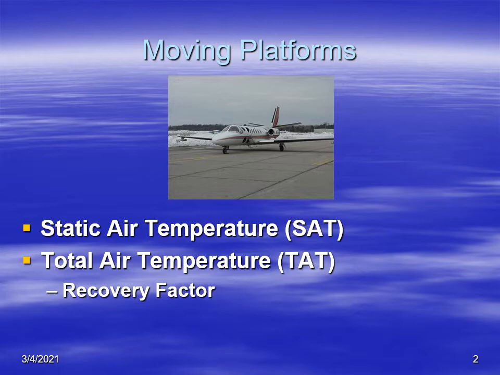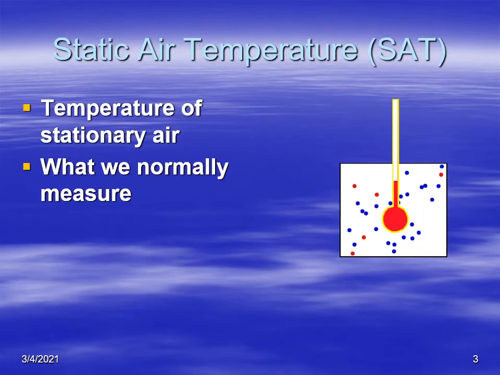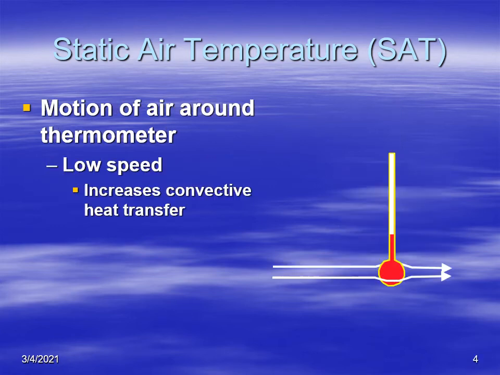In aviation and in other disciplines, we define two different types of temperatures, either static air temperature or total air temperature. Static air temperature is the temperature of the air, what you normally want to measure if the air is moving very slowly. This is our normal measurement of temperature, static air temperature, or SAT.